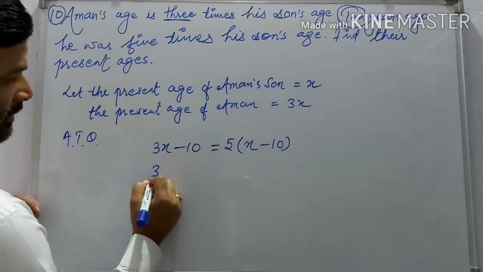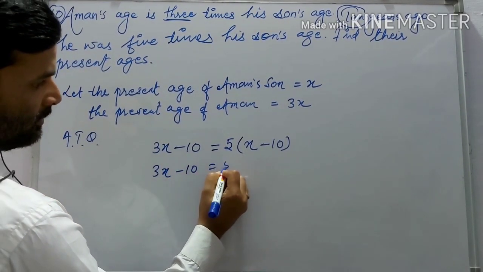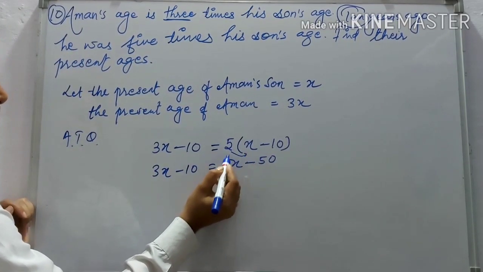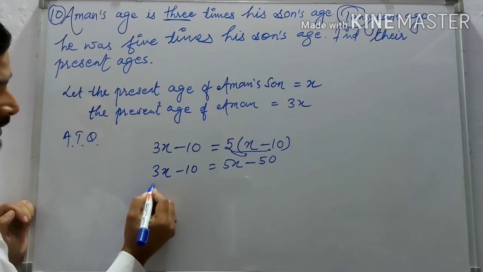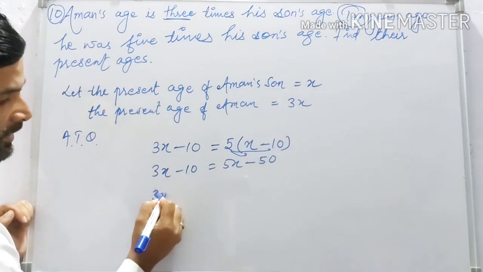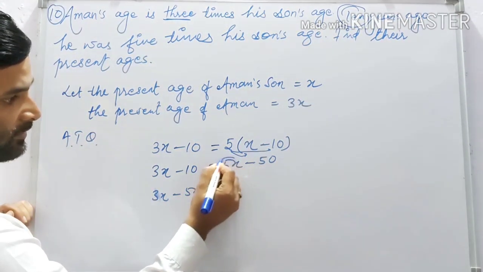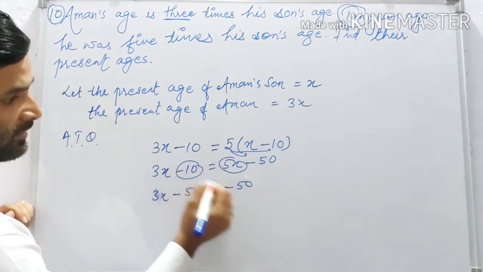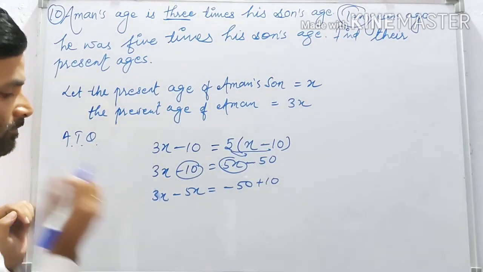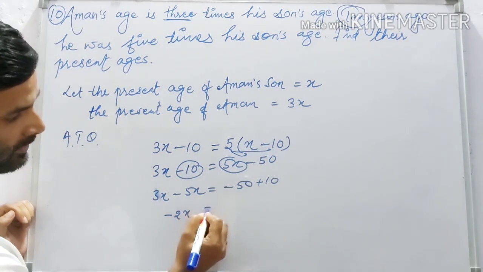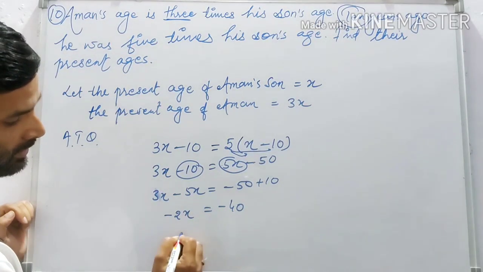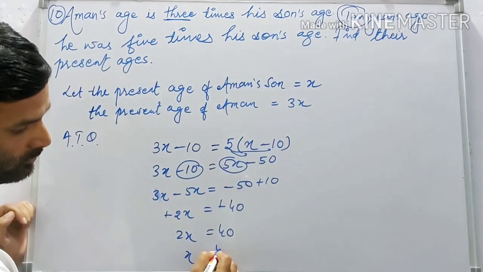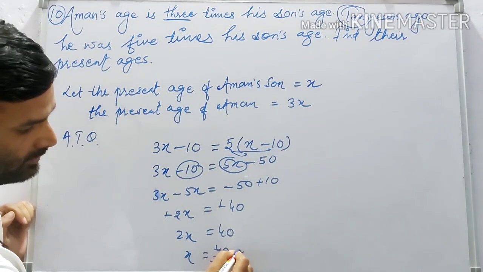Now solve: 3x minus 10 is equal to 5x minus 50. Multiplying 5 with x and 5 with 10, then 3x minus 5x, transferring, becomes minus 50 plus 10. Then minus 2x is equal to minus 40, so 2x is equal to 40, minus cancels, x is equal to 40 upon 2, which is 20.